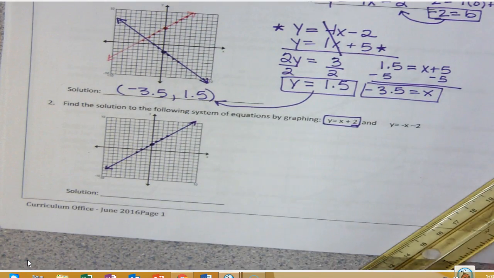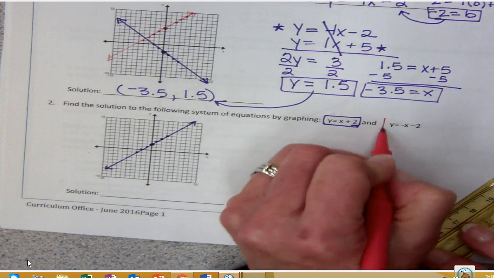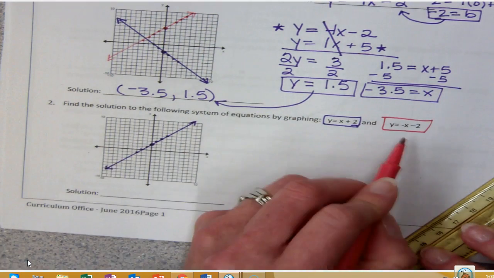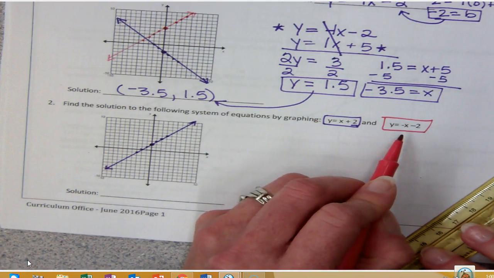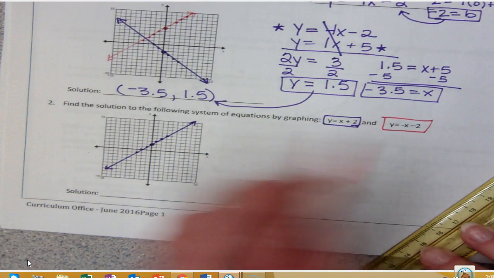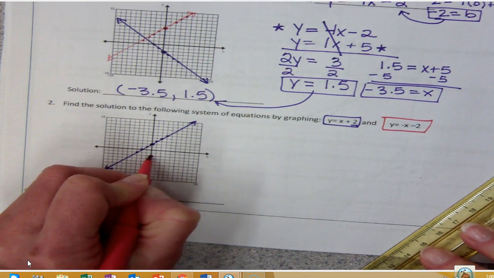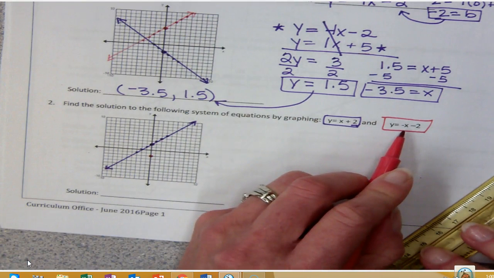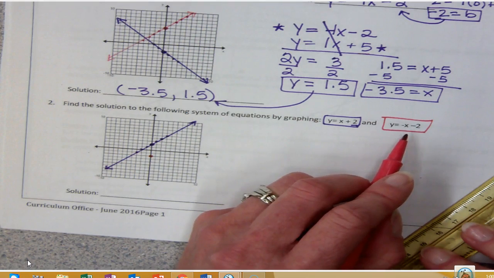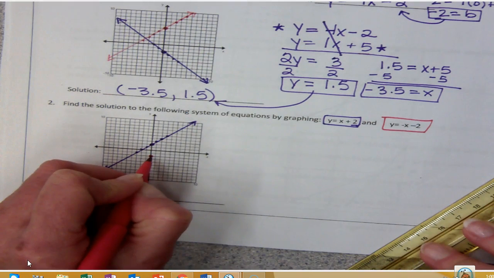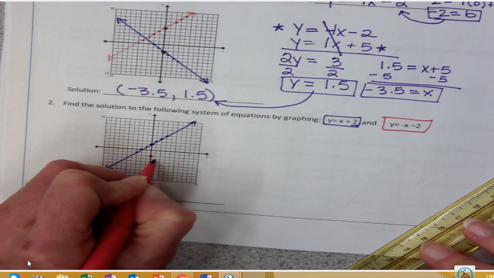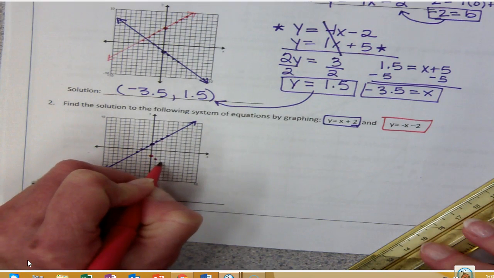Same with this one. If I have y equals negative x minus 2, I go down to -2. My slope is negative, so I want to make sure that my line is going in the negative slope direction. So I'm going to go down 1 and over positive, negative and a positive.